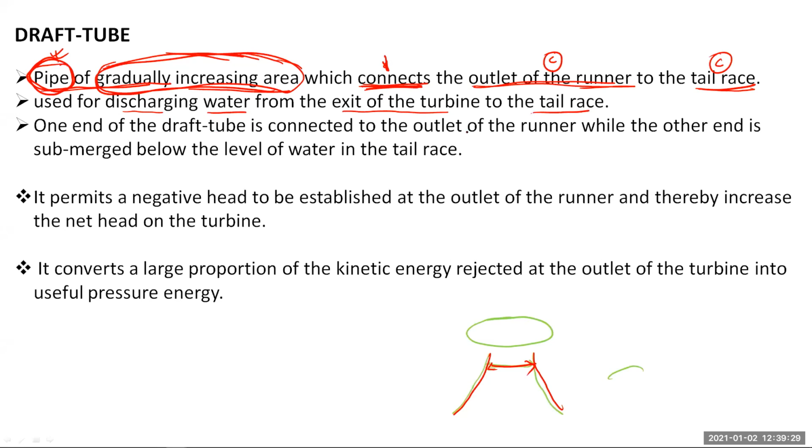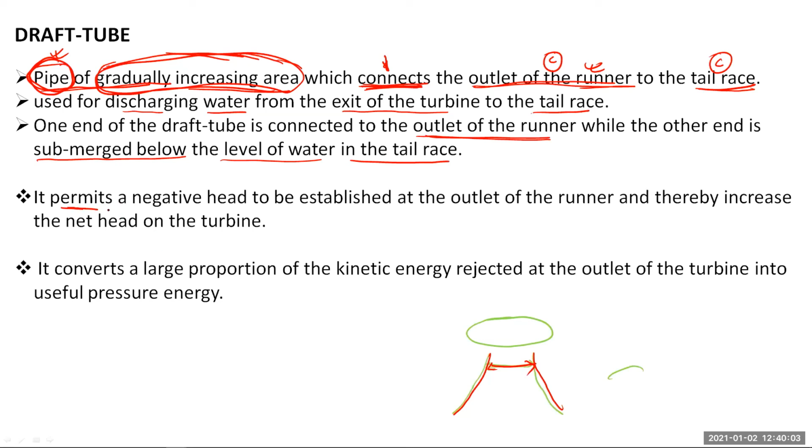The draft tube is connected to the outlet of the runner. One end is connected to the outlet of the runner, while the other end is submerged in the level of water in the tail race. As we all know, in a reaction turbine both pressure energy and kinetic energy are there, so there will be a drop in energy while moving inside the runner.